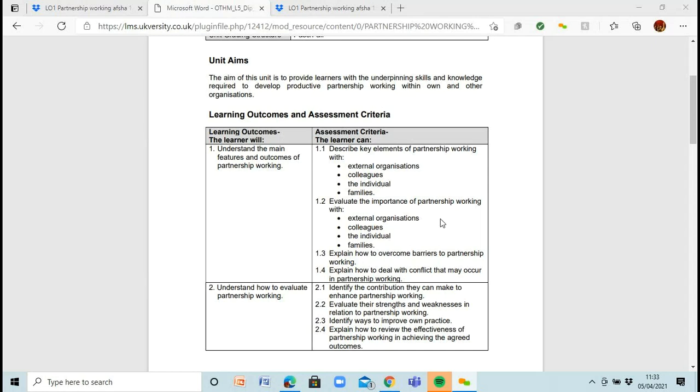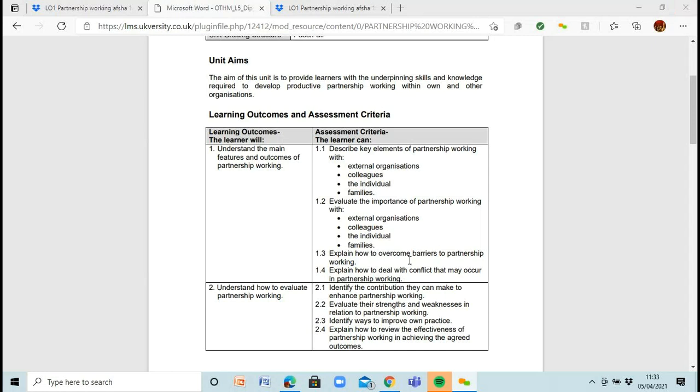Then 1.2 is evaluate the importance of partnership working with, again, external organizations, colleagues, individuals, and their families. 1.3, we're going to look at explain how to overcome barriers to partnership working. So first, we're going to look at what the barriers are, and then we'll talk about how to overcome them. And then 1.4 is explain how to deal with conflict that may occur in partnership working.